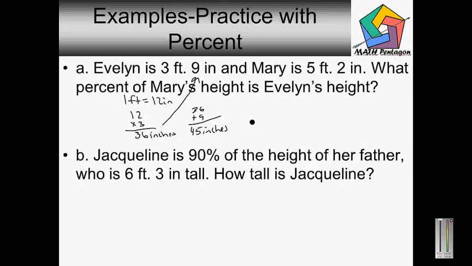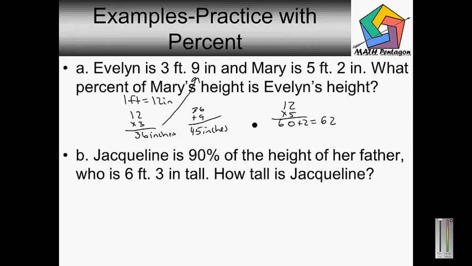Now Mary's 5 feet tall and 2 inches. So what we do is 12 times 5, and that's going to give us 60 inches, plus the 2 inches is 62 inches.